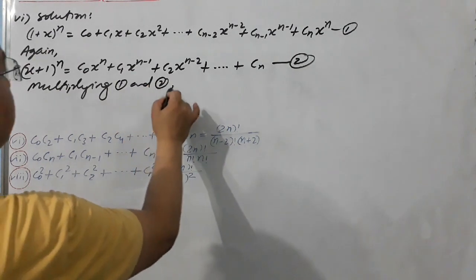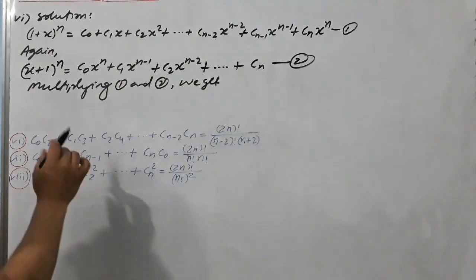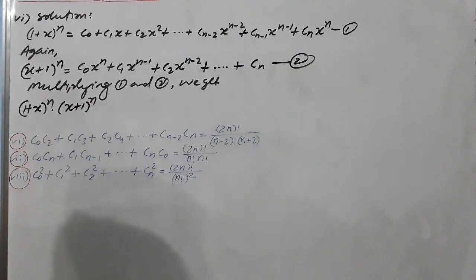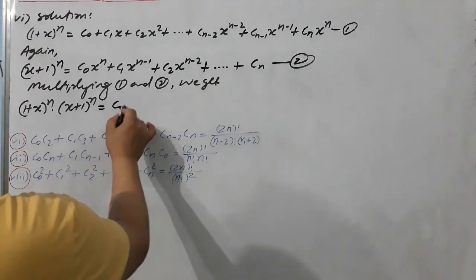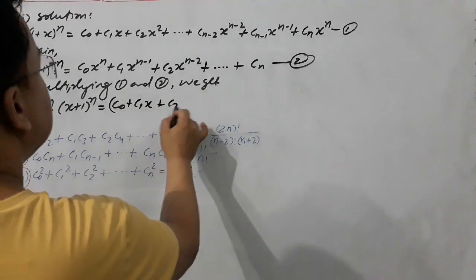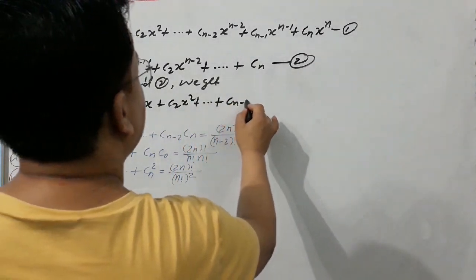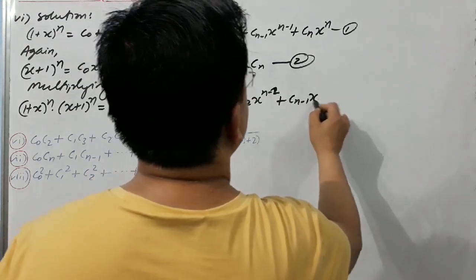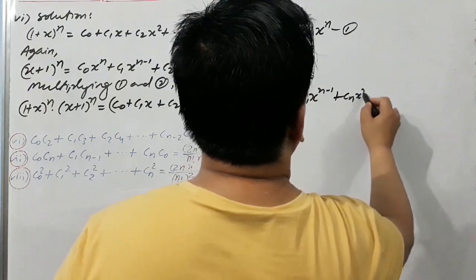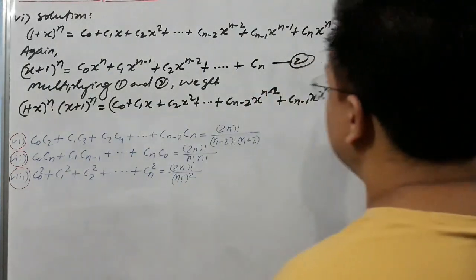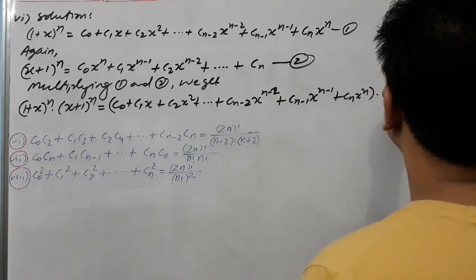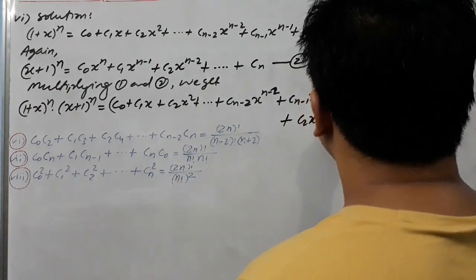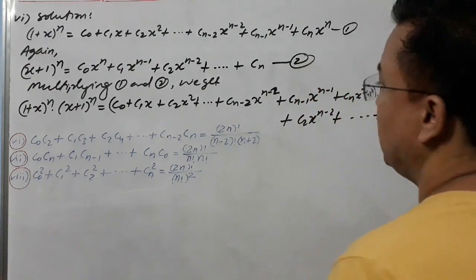Multiplying first and second, we get (1 plus x) raised to power n into (x plus 1) raised to power n is equal to c0 plus c1 x plus c2 x square plus dot dot dot plus cn x raised to power n, times c0 x^n plus c1 x^(n minus 1) plus c2 x raised to power n minus 2 plus dot dot dot plus cn.